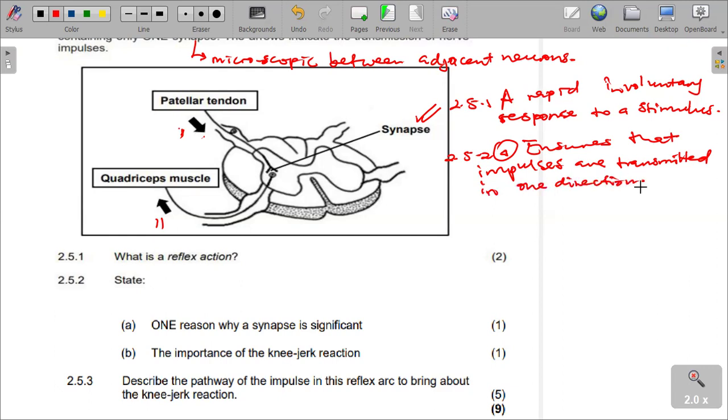It also ensures that impulses travel at high speed.